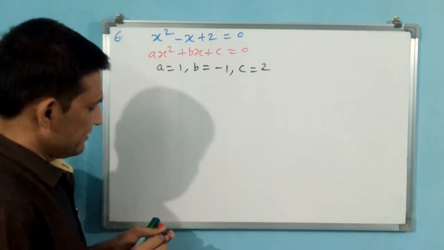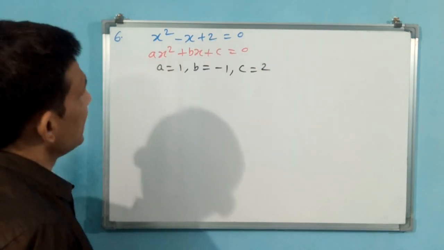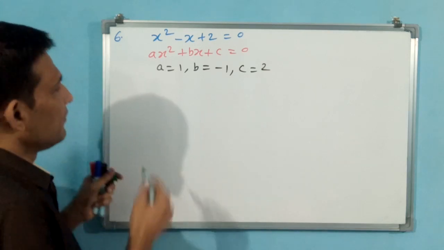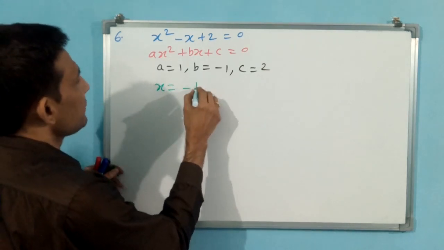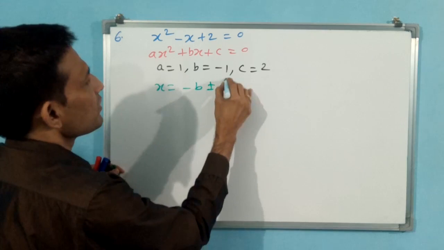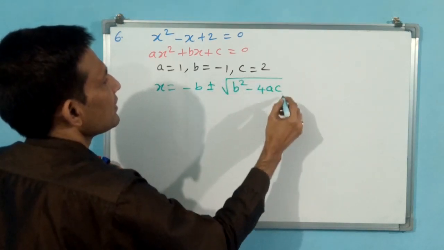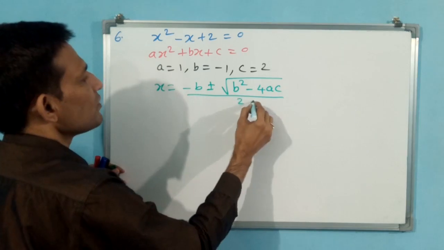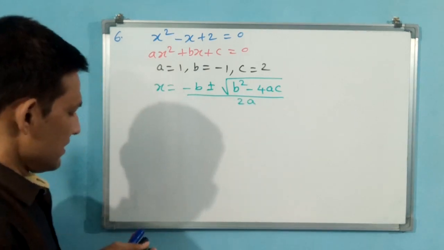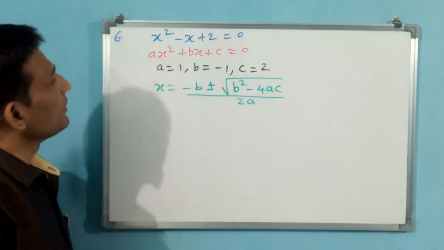Then again you write the formula for x: x is equal to minus b plus or minus square root of b square minus 4ac by 2a. This is the formula.